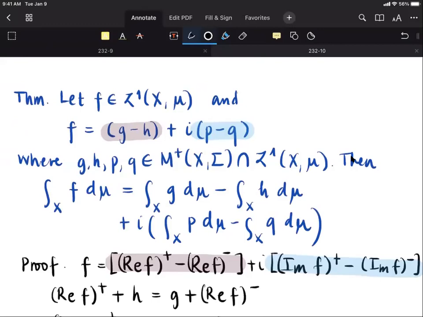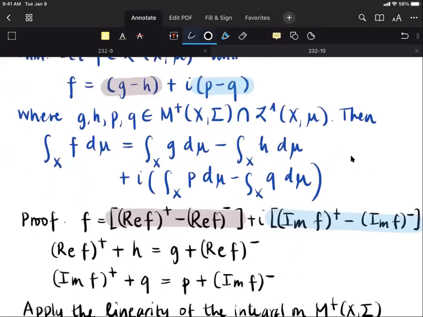So you can think of this as a special version of the linearity for Lebesgue integrable functions. And in fact, that is what we will prove in the next theorem.